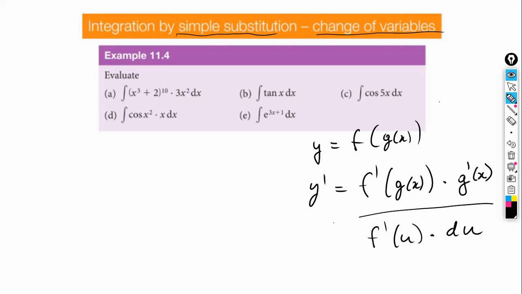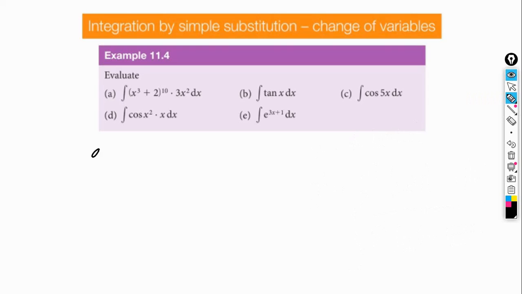If you have this situation where you have a u and then the derivative of u, we can integrate this, for instance, and get the original function. So that's what we're going to do here. We're going to use a substitution or a change of variables. Normally, we do it using the variable u, but it's not limited to u, obviously. Okay, so let's start with letter A.